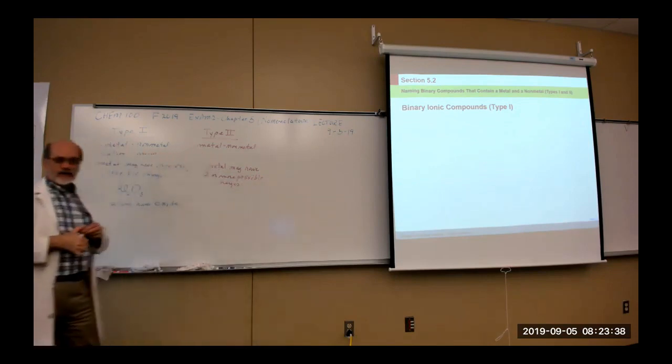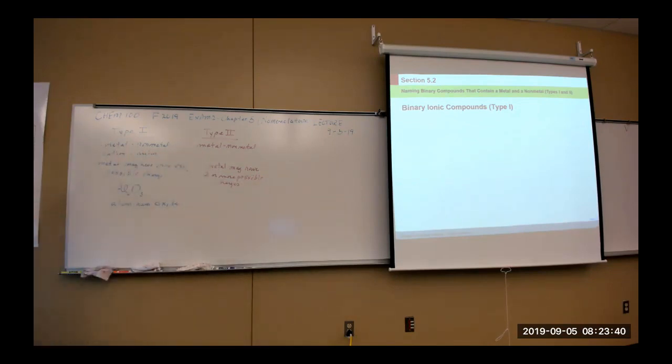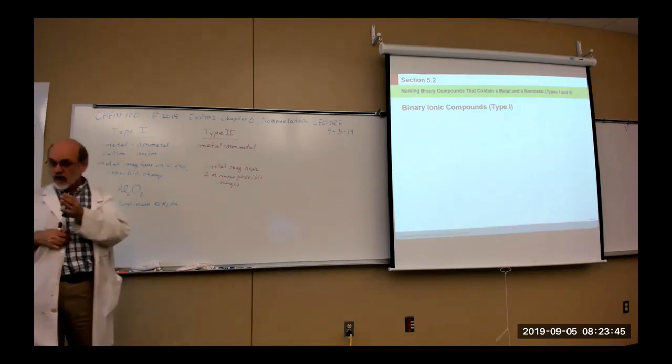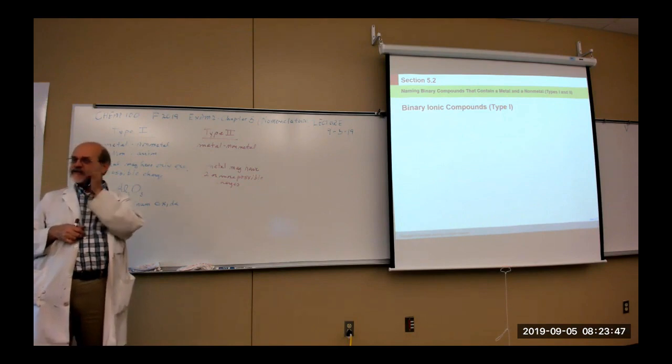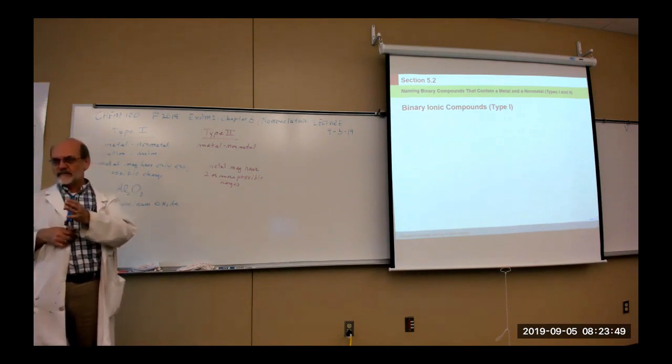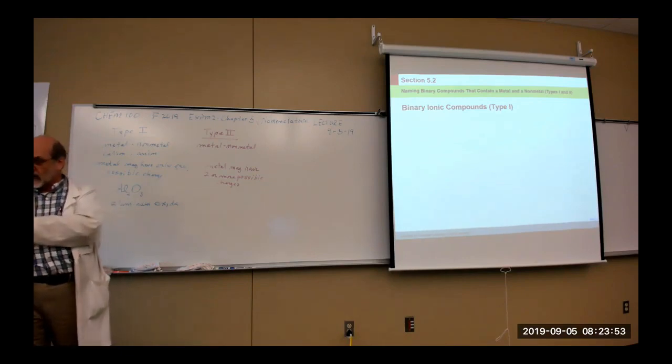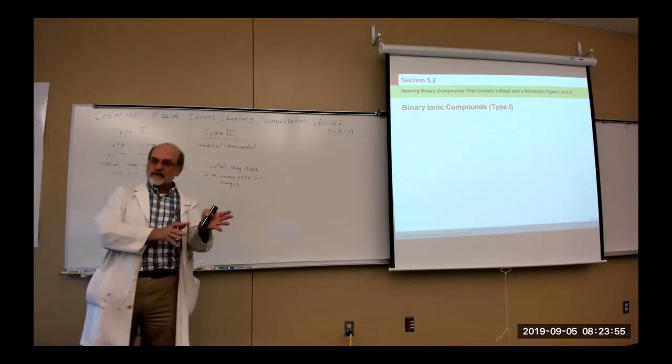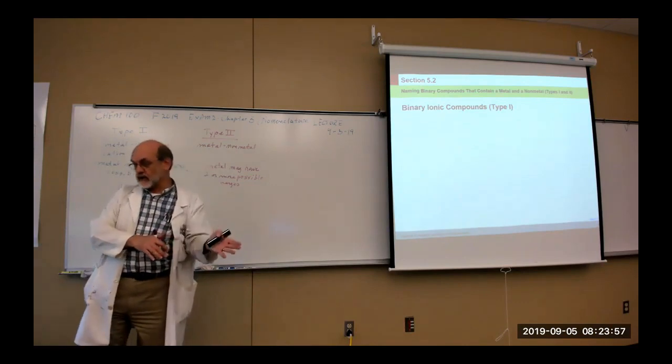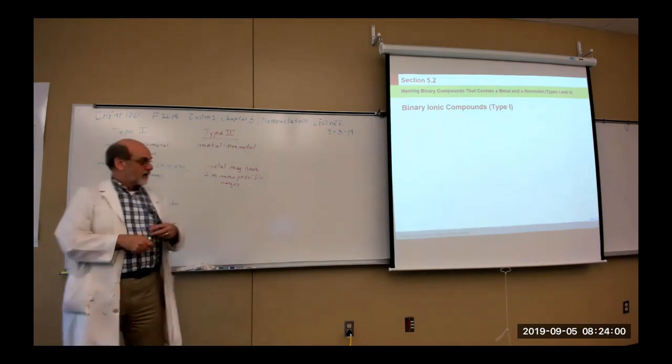That doesn't mean it has 2 different charges in the same compound. If it's in a compound, it has one charge, but it's not fixed. In other words, it could be one charge in one compound, but in a different compound, it might have a different charge, right?